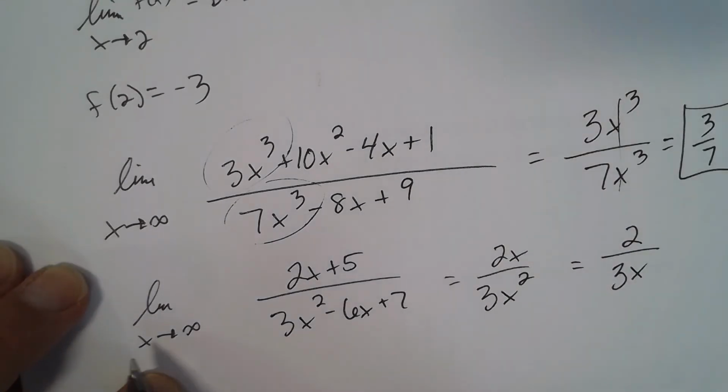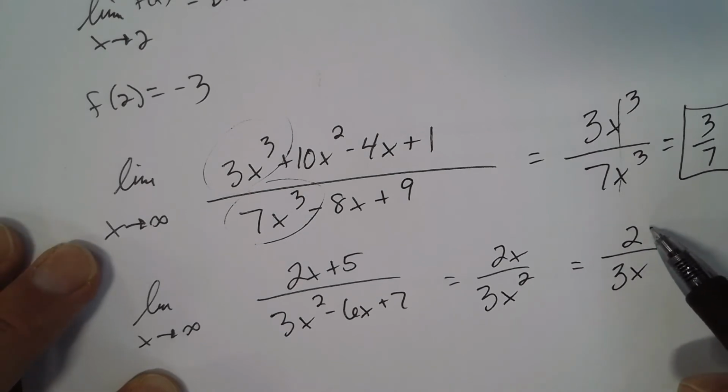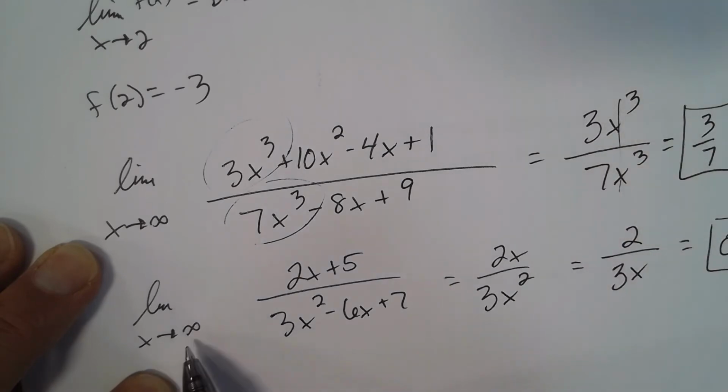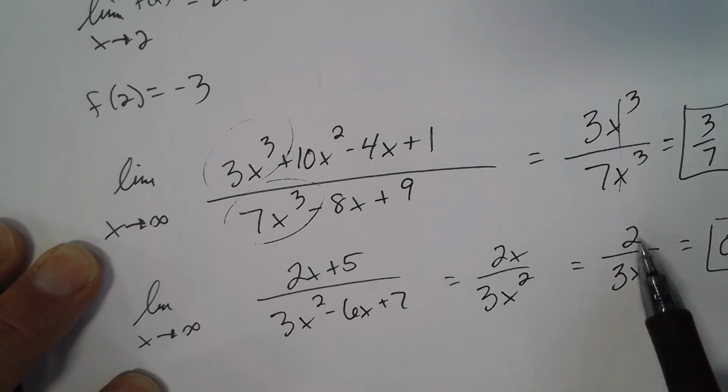And as x goes to infinity, you could plug infinity in right there, and 2 over infinity, any finite number over infinity is always going to equal 0. So the limit is 0. The limit as x goes to infinity is 0. As x goes to negative infinity, you could put negative infinity, but 2 over negative infinity is going to be 0 also.